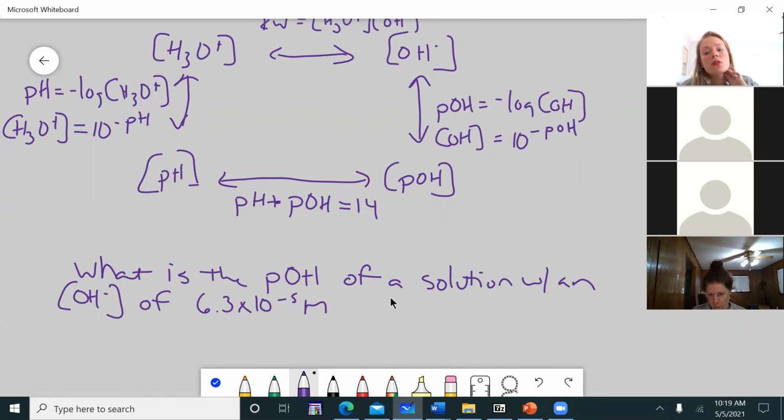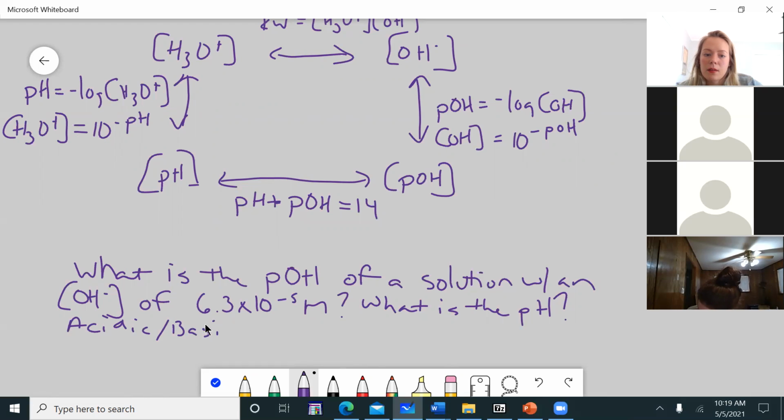What is the pOH of a solution with an OH of 6.3 times 10 to the negative 5 molarity? Okay, also let's say, what is the pH? And then tell me, is it acidic, basic, or neutral?